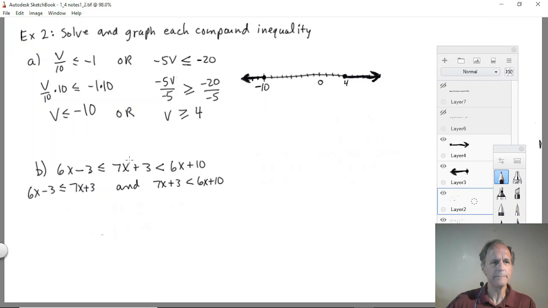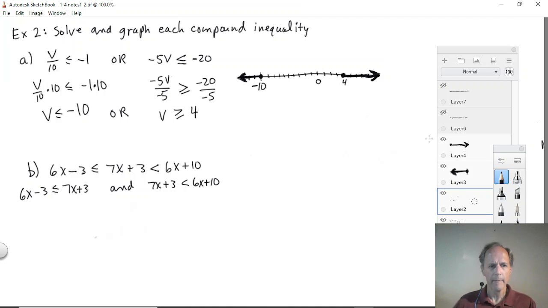Okay, so we have these two inequalities joined by and. That's a compound inequality. 7x plus 3 is in both of them. There will also be compound inequalities where you don't have an expression in common between the two.